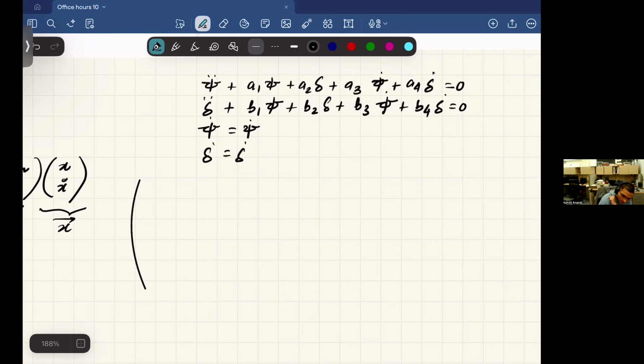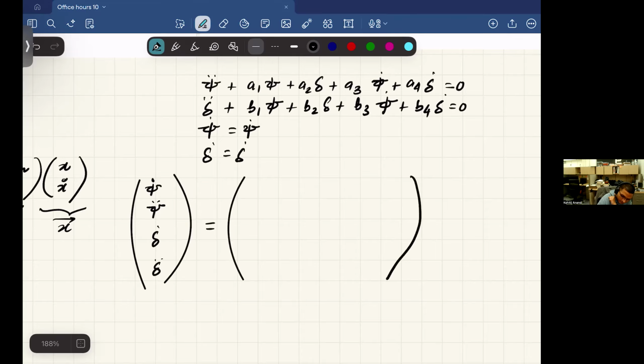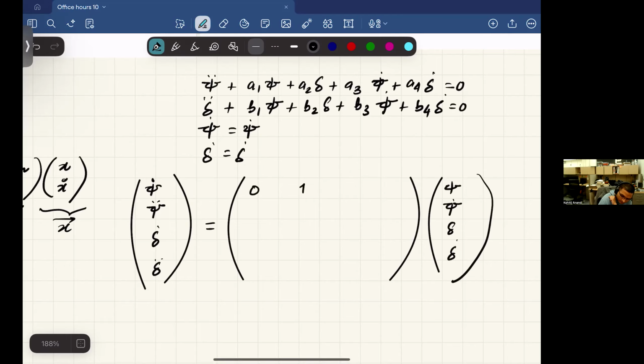So now you write down psi dot, psi double dot, delta dot, delta double dot, and then a huge 4 by 4 matrix, with the states as psi, psi dot, delta, delta dot. Now can we fill it in? Psi dot is just 1 times psi dot, and delta dot is just 1 times delta dot. Okay. So two rows of your state space matrix are going to look like this.